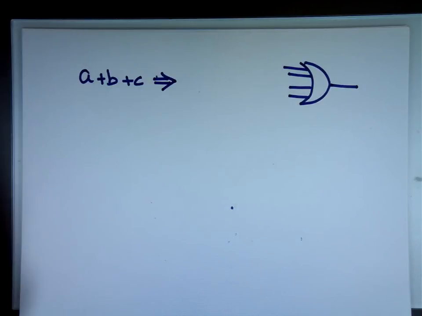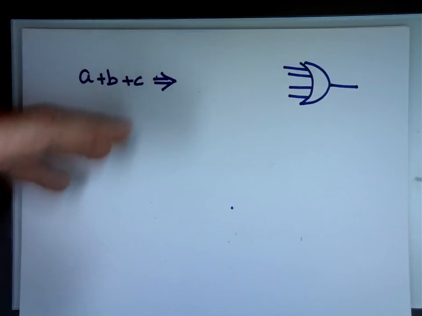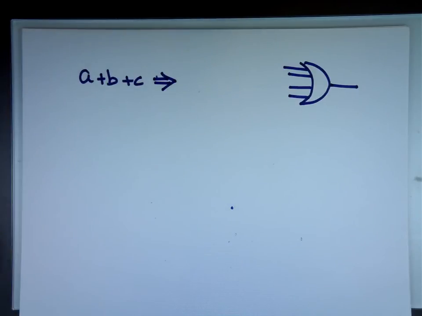I have an extra gate sitting on the board that has 4 inputs. What am I going to do? Well, it's an OR gate. You can just not hook one of the inputs up to anything.